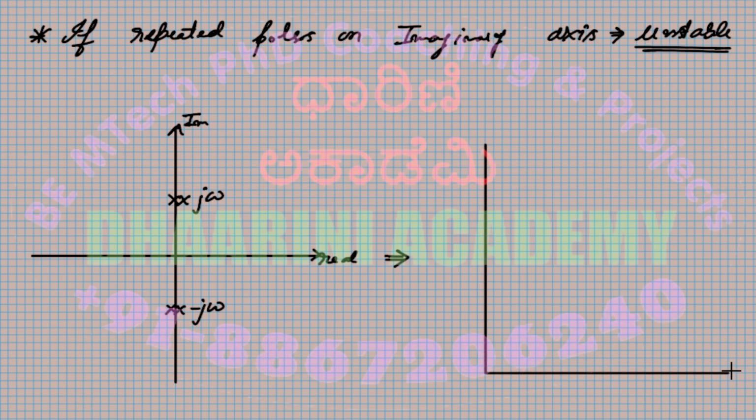And if you try to plot the time versus the output, c of t, this is how the unstable output looks. One of the unstable outputs will come.